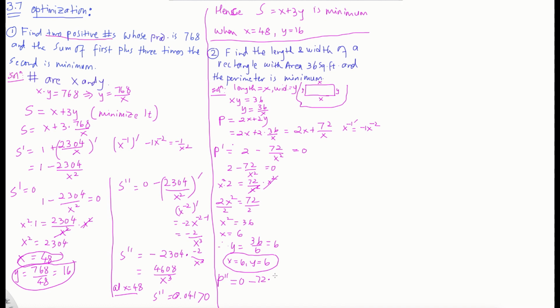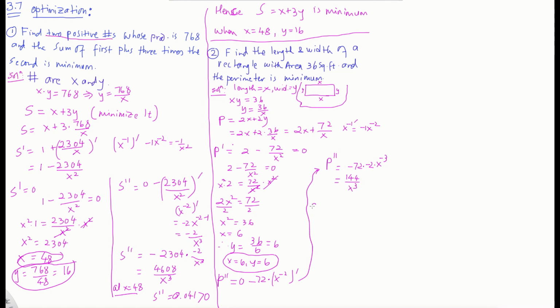It is like x to the negative 2, derivative of that, right? So what you get is basically p double prime equals to negative 72 times negative 2 times x to the negative 3, right? So basically it gives you 144 divided by x to the cube, right?